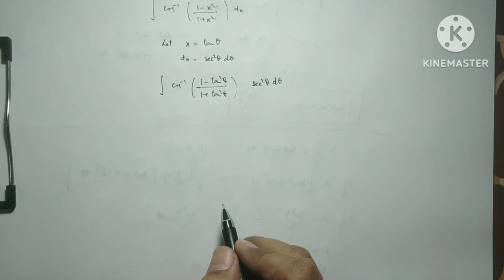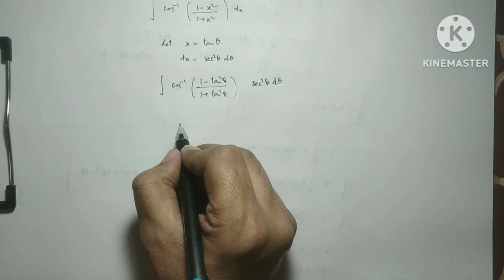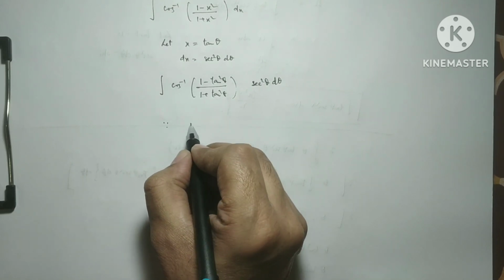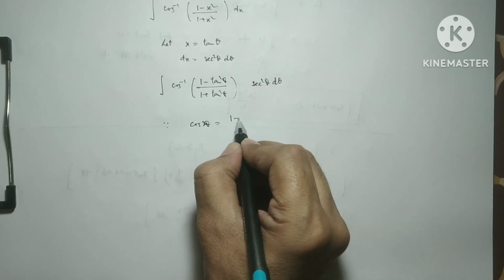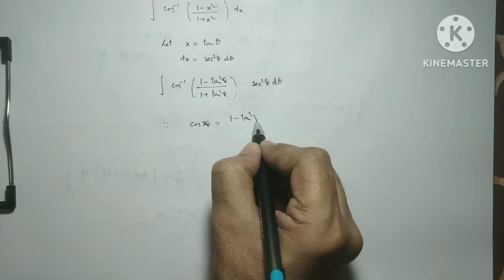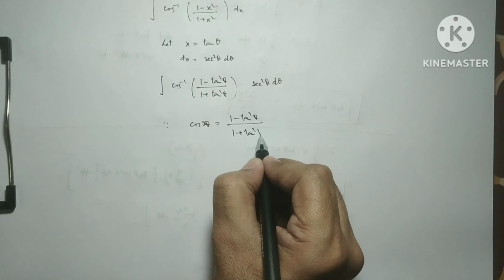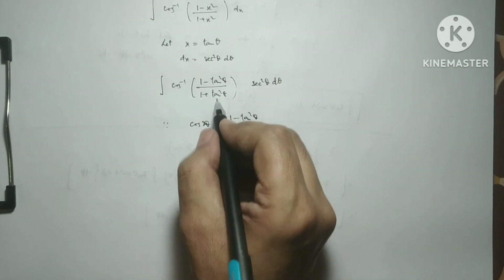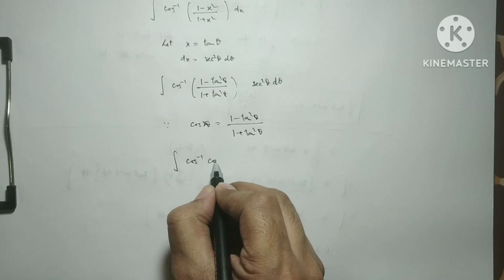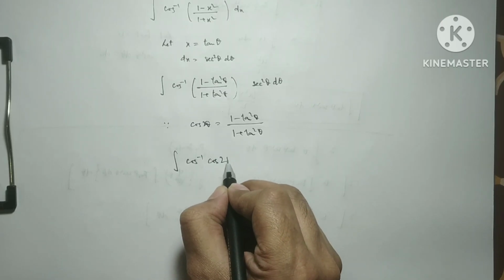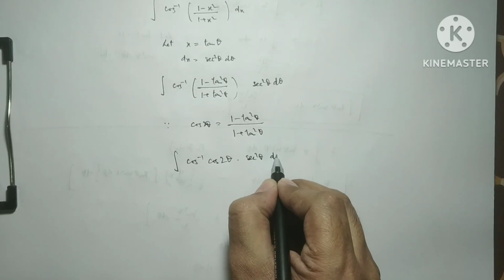And according to the trigonometric formula, we have cos 2 theta equals 1 minus tan square theta over 1 plus tan square theta. So we substitute this value, cos inverse cos 2 theta, and this is sec square theta d theta.